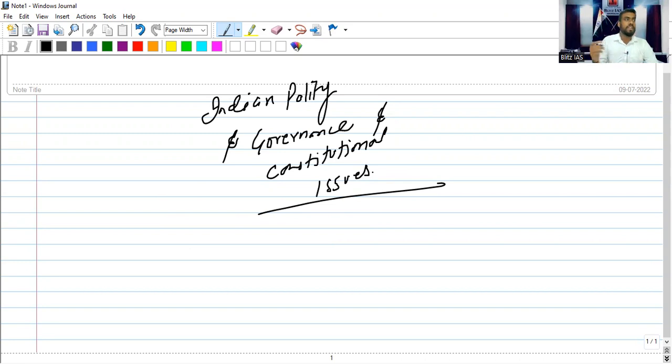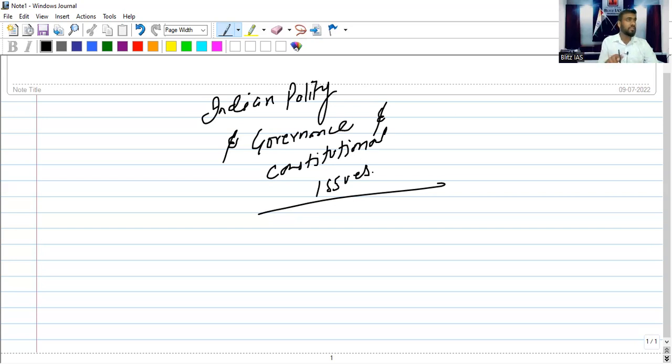If any issue is going on regarding the constitution, equality, religion, untouchability, parliamentary issues, they will ask what is your stand on this issue. So you have to write a very good answer, 200 words or 150 words, as per the directives given in the main examination. So Indian polity, governance, constitutional issues is very, very important.